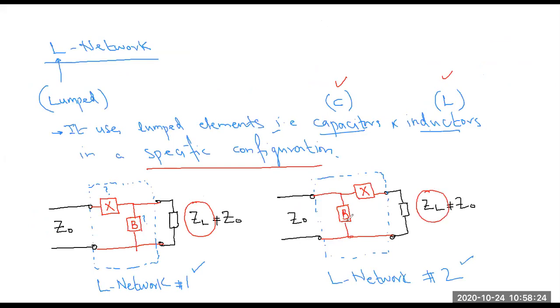So once the load is given to us, we will be in a position to answer this question. So the question is, how will the given load value help me decide whether this load will be matched by L network number one or L network number two?